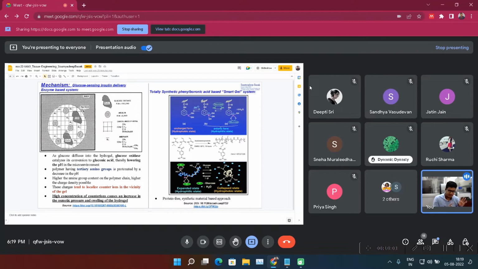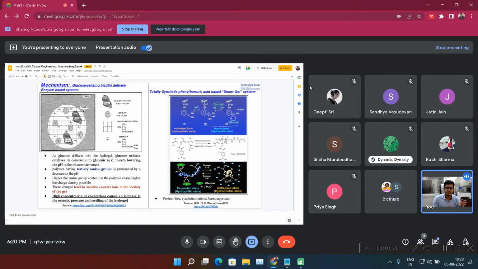As these are proteins, there are problems with protein degradation. These proteins are not that stable to be used in harsh conditions. In our body also, we have proteases, so these proteins will also degrade. So this is not a sustainable system to work with for long-term use for insulin delivery.